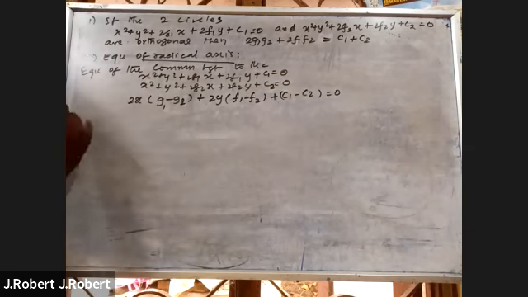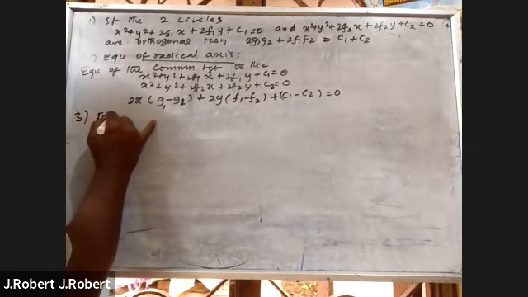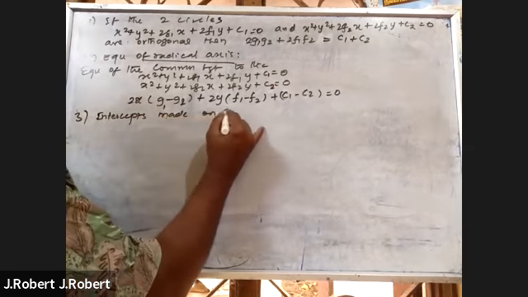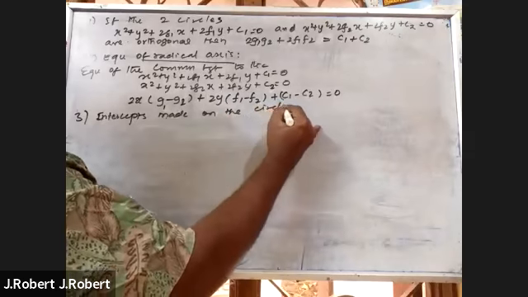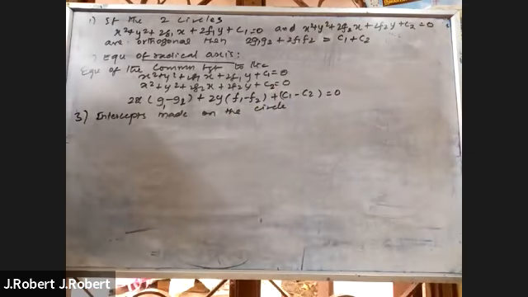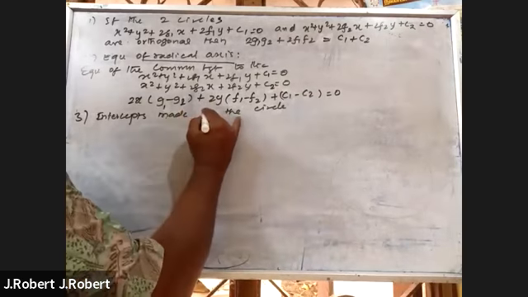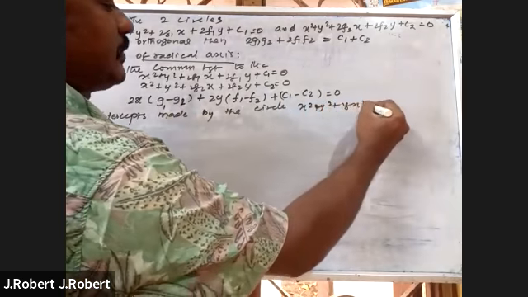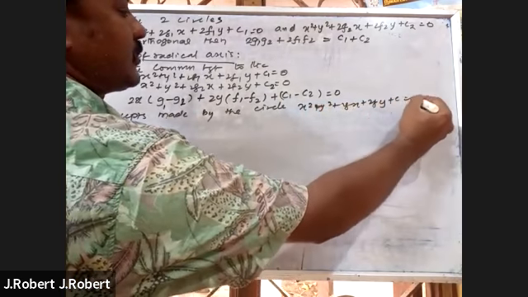Third one: intercepts made by the circle x square plus y square plus 2gx plus 2fy plus c equal to 0.